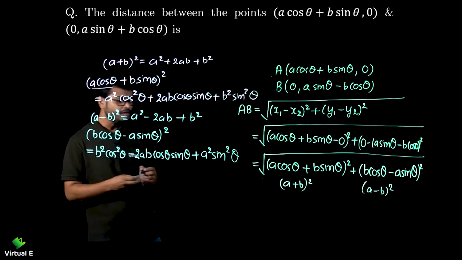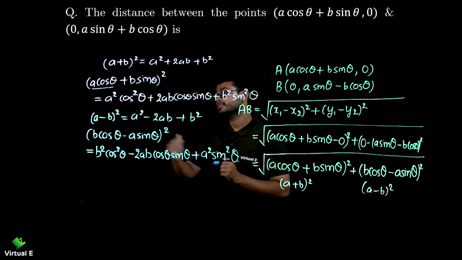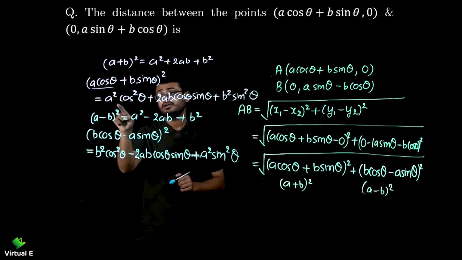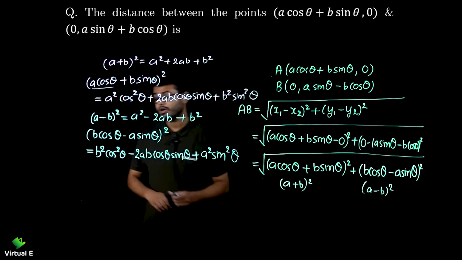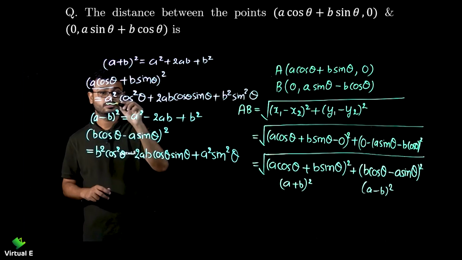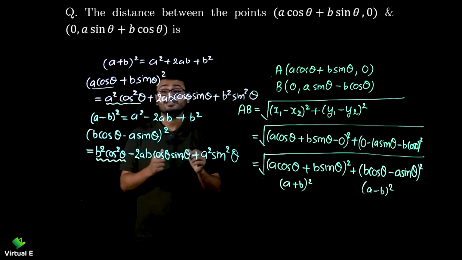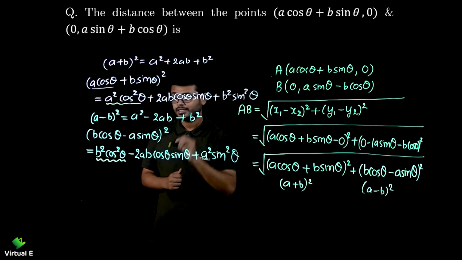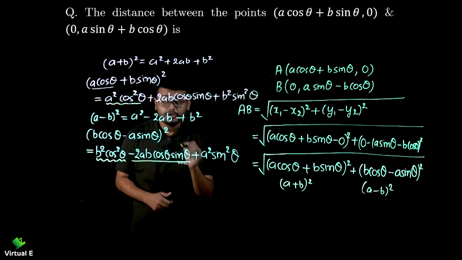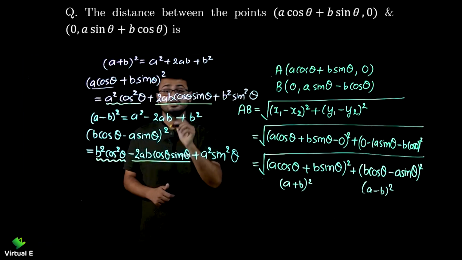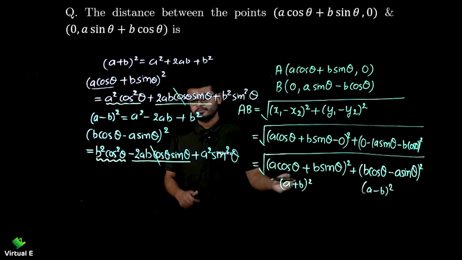Done. Now let's see what is common, how we can compare these two terms. Here a square cos square theta and here b square cos square theta, the first terms. Second, 2ab cos theta sin theta and minus 2ab cos theta sin theta. Writing these together, they cancel out because it is addition.